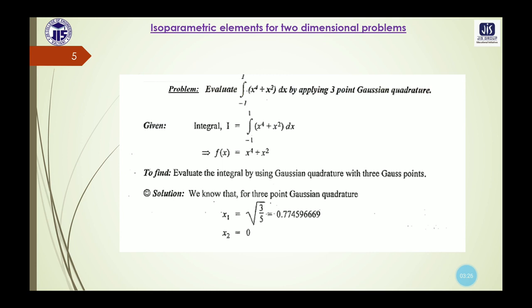Now let us start the problem number 1. Here it is said that we need to evaluate the integral from minus 1 to 1 of x to the power 4 plus x square dx by applying 3-point Gaussian quadrature.